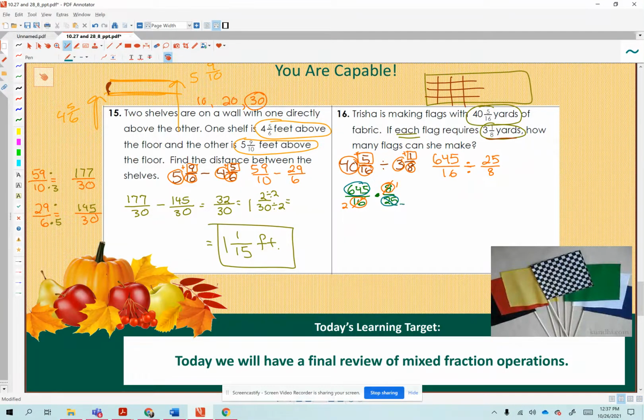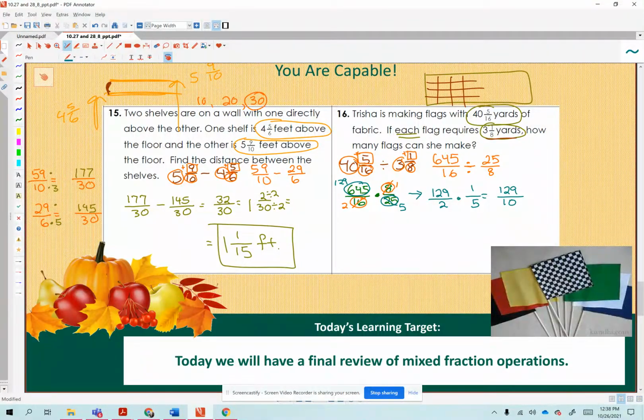So 25 divided by 5 is 5. 645 divided by 5 is 129. We're getting those numbers smaller and smaller. So let's rewrite our problem, which is now 129 over 2 times 1 over 5. Now we're ready to multiply. 129 times 1 is 129, and 5 times 2 is 10.